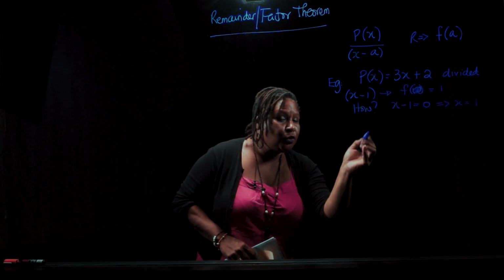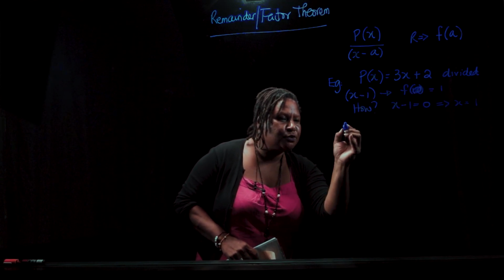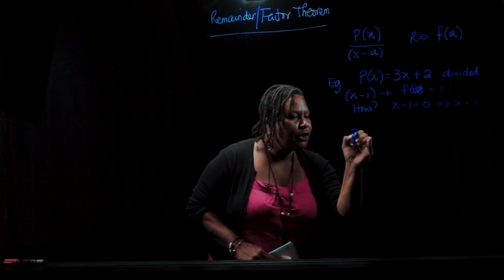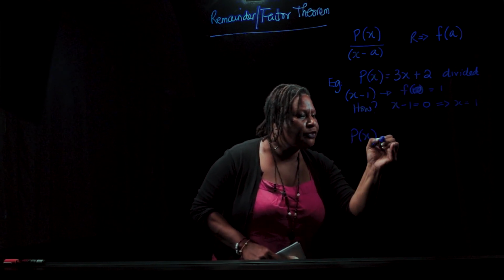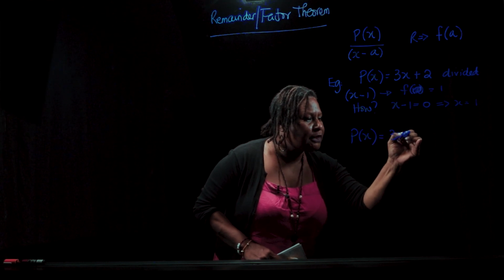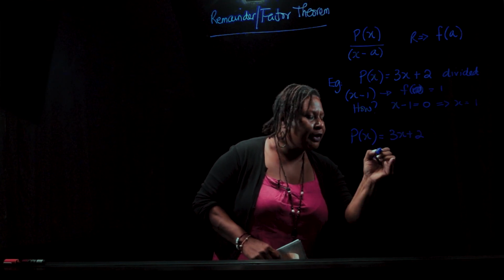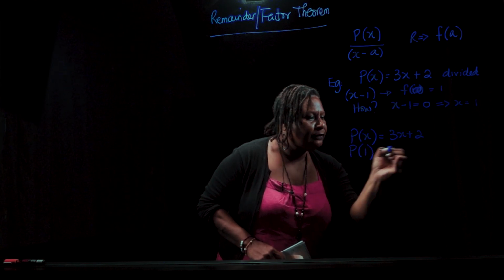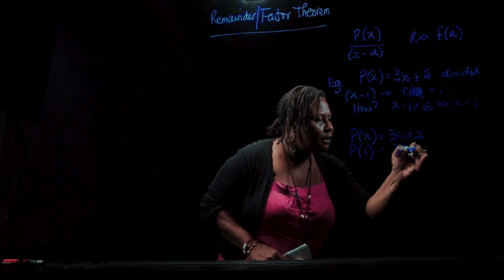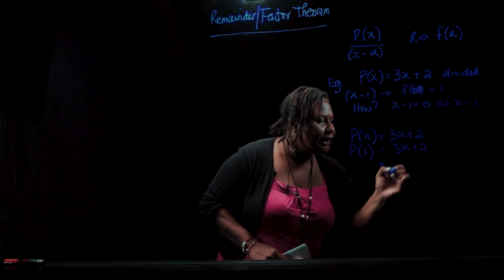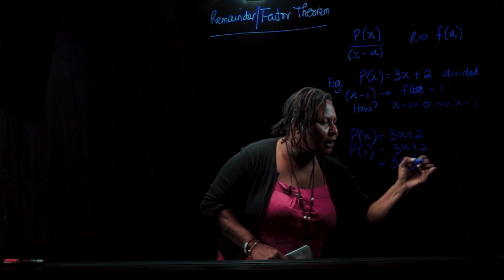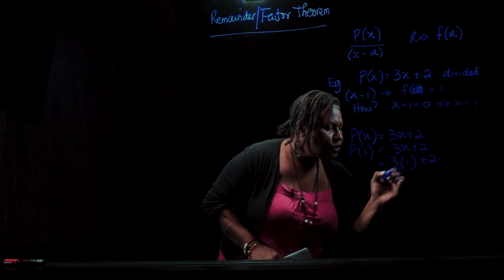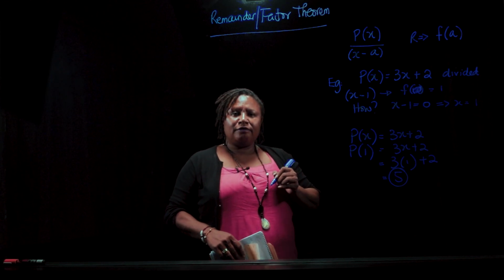So you substitute a into your polynomial. p of x is equal to 3x plus 2, that means the function of 1 is 3 times 1 plus 2, which gives us a value of 5. So we have a remainder of 5.